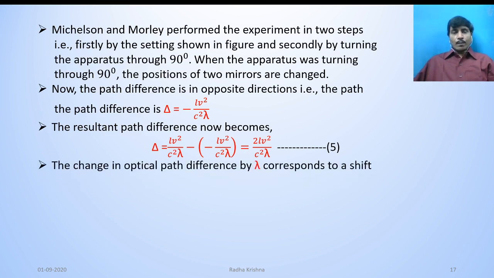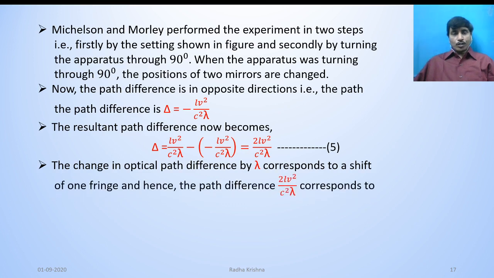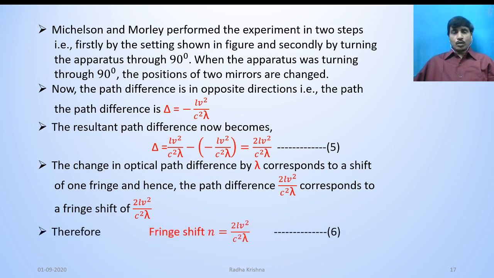The change in optical path difference by lambda corresponds to a shift of 1 fringe, and hence the path difference 2LV square by C square lambda corresponds to a shift of 2LV square by C square lambda. Therefore, fringe shift N is equal to 2LV square by C square lambda, that is equation 6.